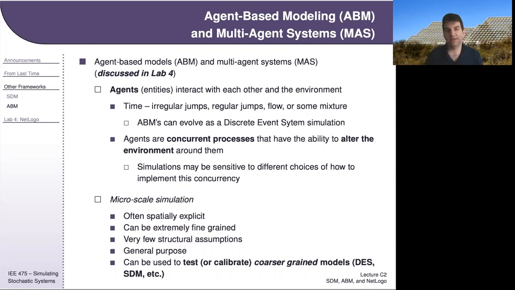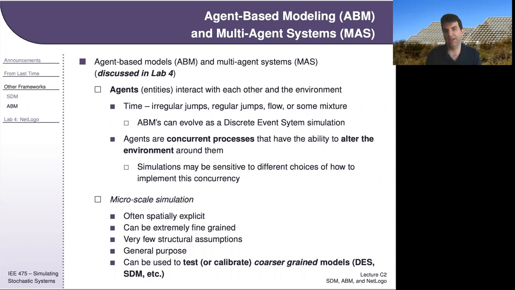As a consequence, sometimes for speed underneath the scenes, people will implement agent-based models using discrete event system simulation. So there will be an event calendar, but that means you are able to predict when the next time two agents intersect is going to be. And sometimes that's hard to do.